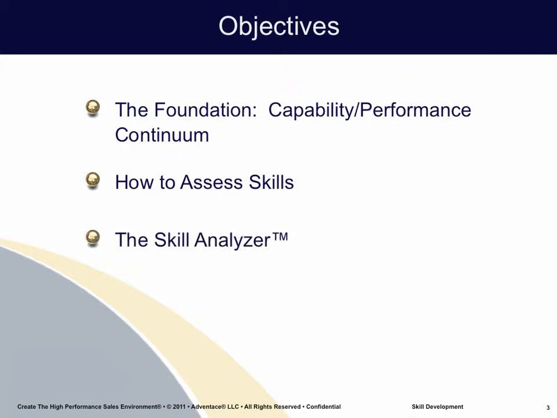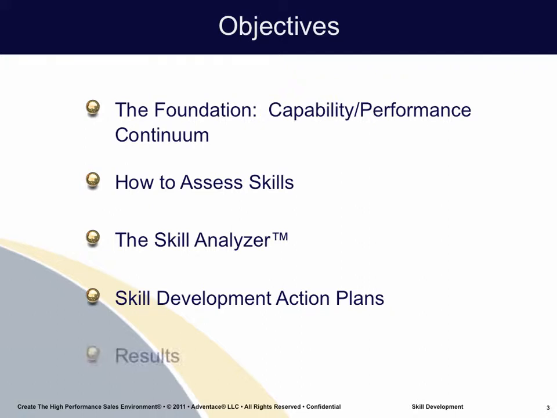We'll then brief you on a key tool that we call the Skill Analyzer, and then show you how to deploy the appropriate surgical development action plan to help that targeted individual. Finally, we'll conclude with a preview of the results that management can anticipate by following this system.